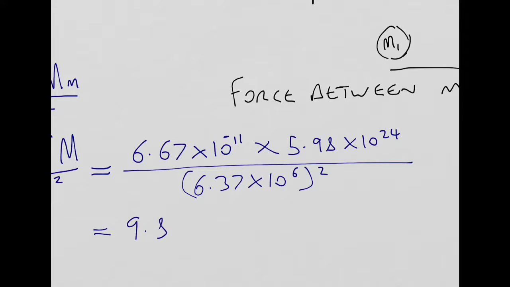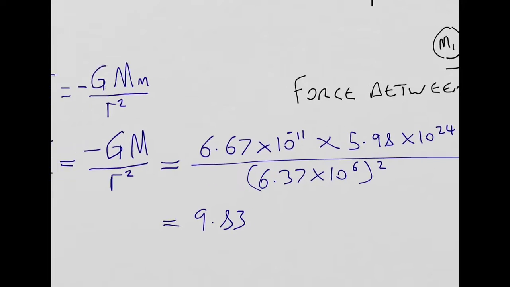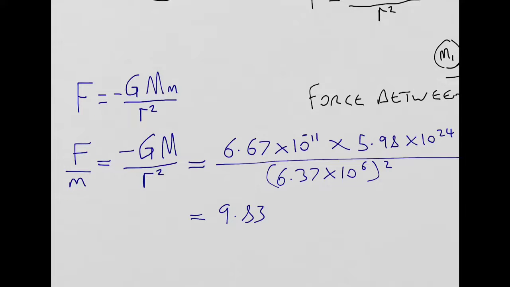9.829, so roughly 9.83. And the units of that, well, we can see we have newtons divided by kilograms, so the unit would be newtons per kilogram, which we know to be the units of little g.